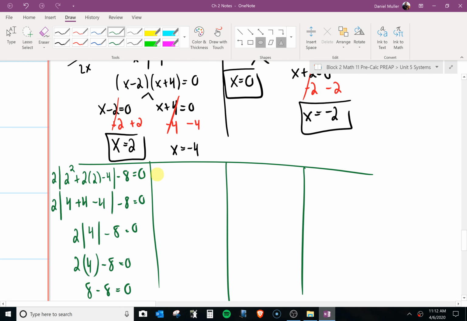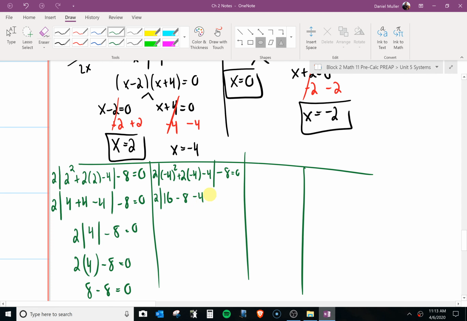So there's a 2 on the outside. Absolute value of x squared, x in this case is negative 4, squared, plus 2 times x, x again is negative 4, minus 4 in absolute values, minus 8 is equal to 0. Now this inside, negative 4 squared is 16, 2 times negative 4 is negative 8, minus 4.